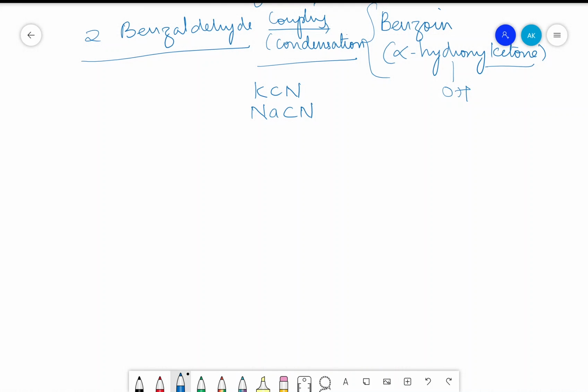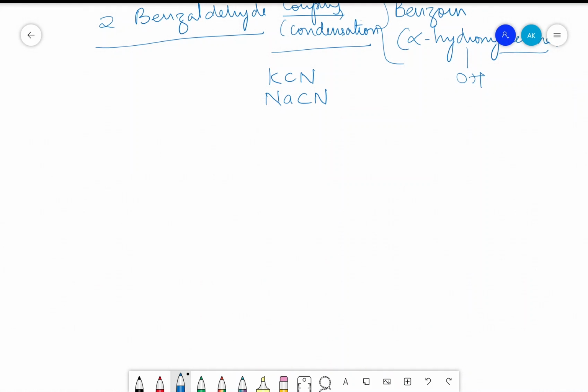If I am trying to represent this particular reaction, I'm going to write two benzaldehyde first. C double bond O, H. This is two benzaldehyde in the presence of KCN.